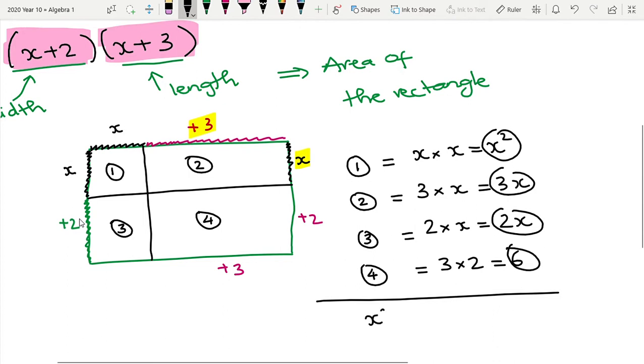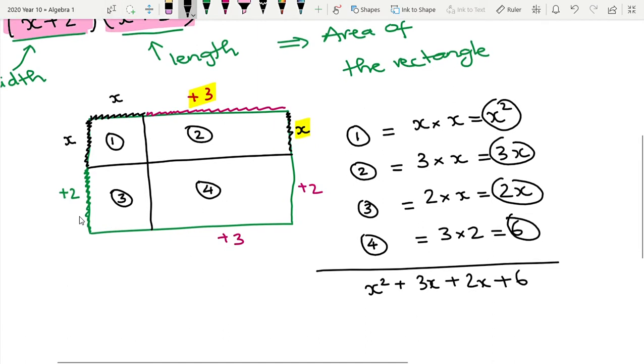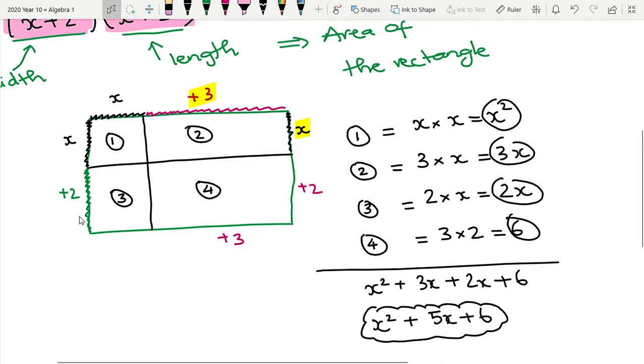So I got x squared plus 3x plus 2x plus 6. Now I simplify a little bit. So x squared just goes by itself. 3x plus 2x gives me 5x and then plus 6. So this is my final answer to the area of the big rectangle. In fact, when I expand x plus 2 times x plus 3, I have this.